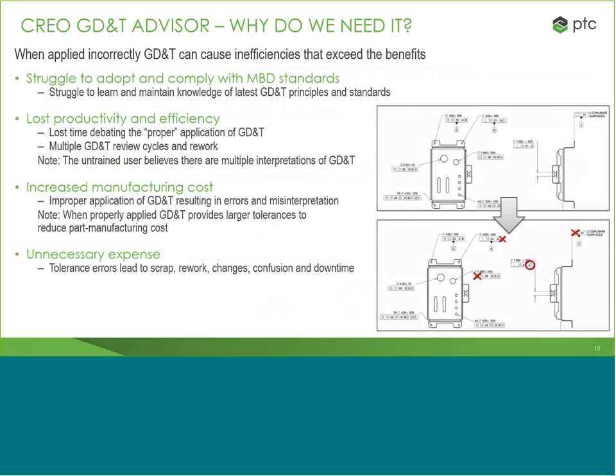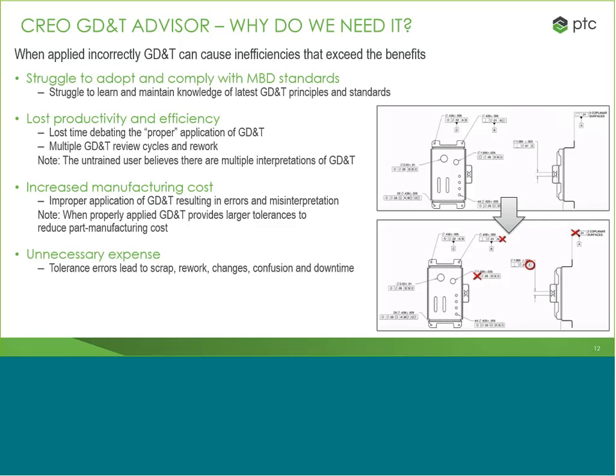So what we're doing is losing a lot of productivity and efficiency because, again, users don't necessarily understand everything about it. So if they're creating GD&T incorrectly, another downfall is it's going to increase manufacturing cost. If you use it correctly, what it will actually do is give manufacturing a larger tolerance to manufacture to.